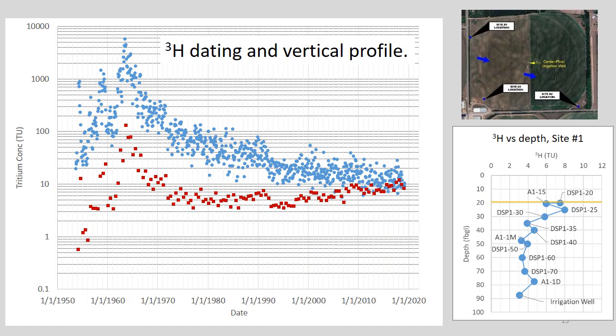So just looking at the vertical profile in tritium, if you remember back to part one, we assume that groundwater doesn't mix vertically. It moves laterally from the recharge to the discharge area. And you can see at site one the tritium concentration with depth. This is what we see once we get about 10 feet below the water table. Most of the values are around 4 tritium units.